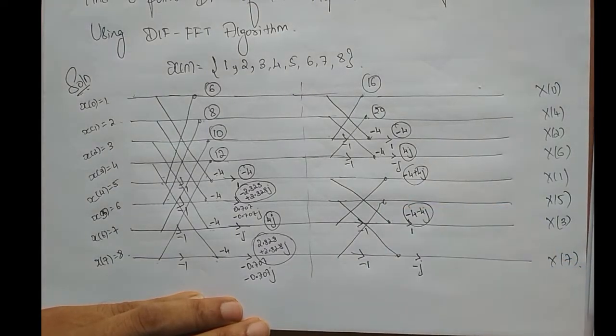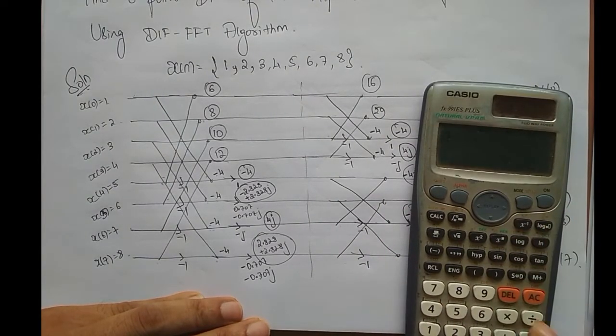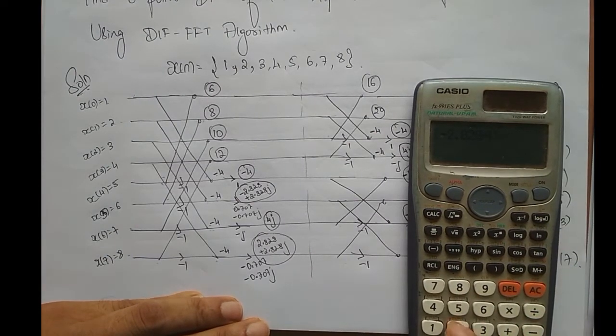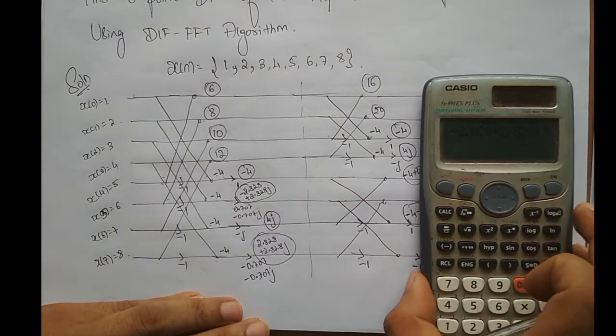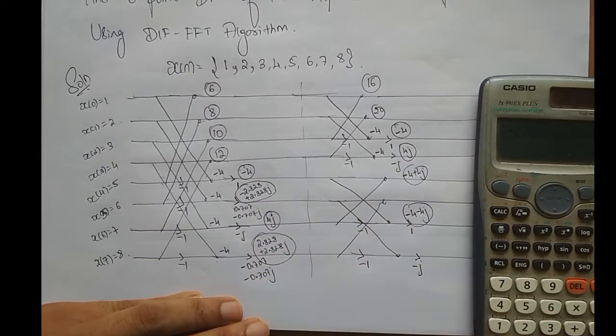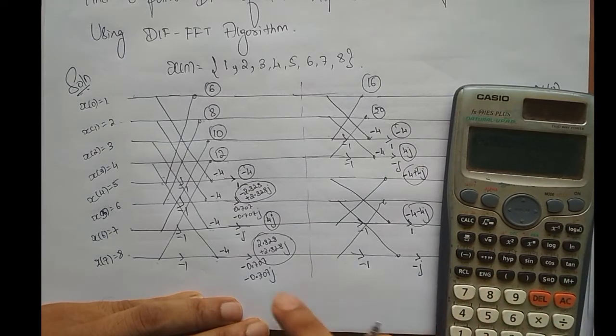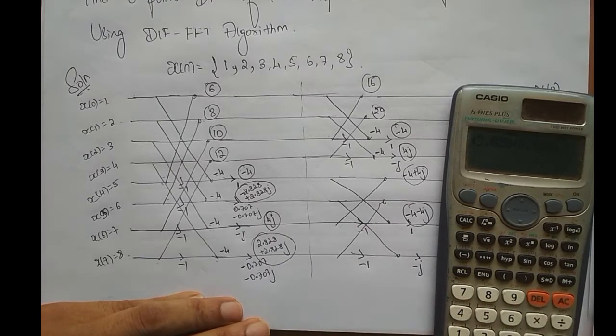So what do we have here? So minus 2.828 plus 2.828j added with 2.828 plus 2.828j.